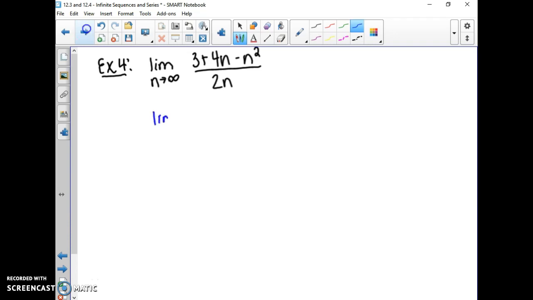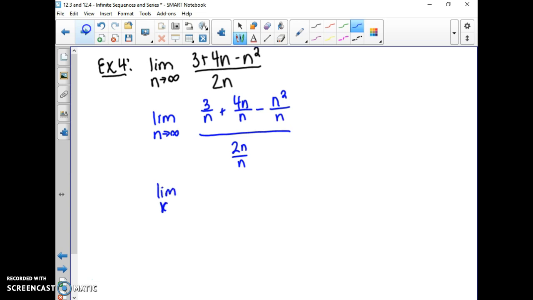So I'm going to have the limit as n approaches infinity of 3 over n plus 4n over n minus n squared over n, all over 2n over n. And if I simplify that, I have 3 over n plus 4 minus n, all over 2.